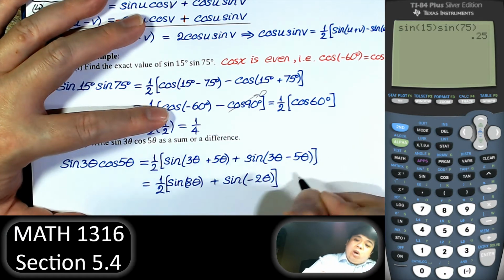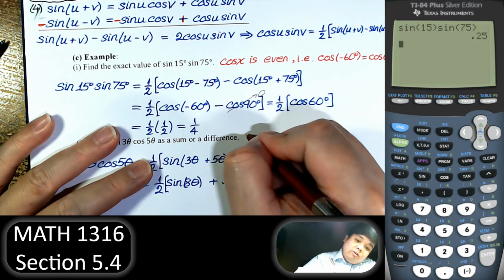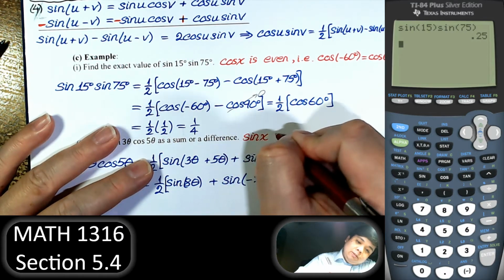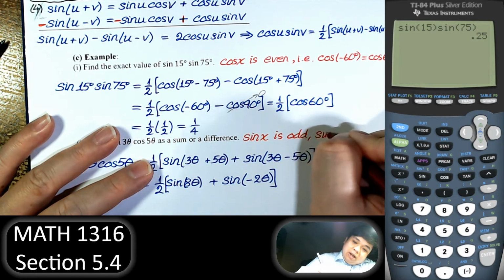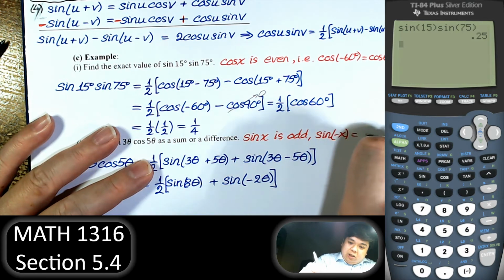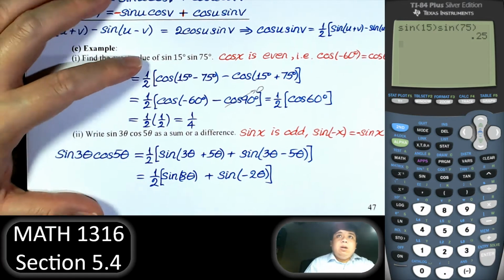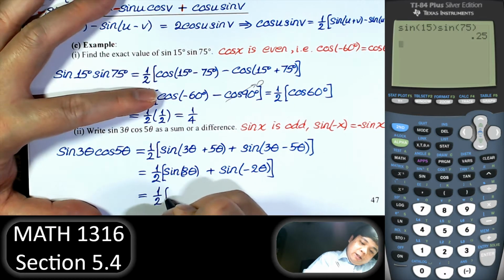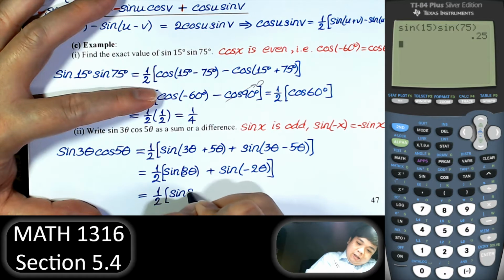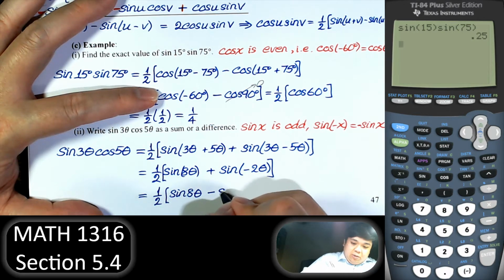Now, earlier we saw cosine is an even function, sine is an odd function, meaning sine of a negative is equal to the negative of the sine. So in that case, we have 1/2 sine of 8 theta, and this turns to negative sine of 2 theta.